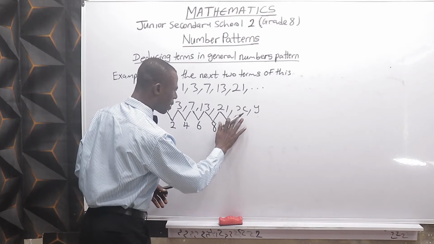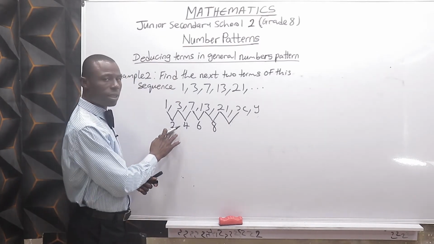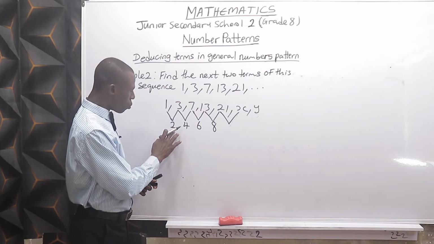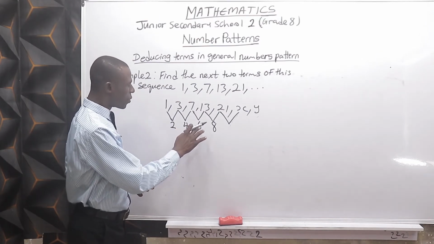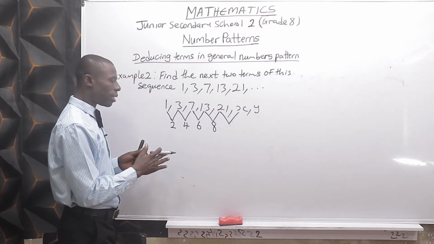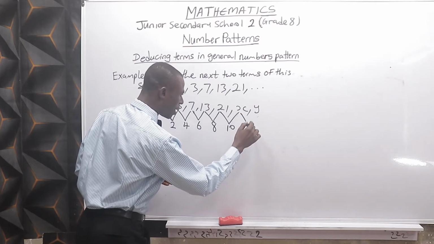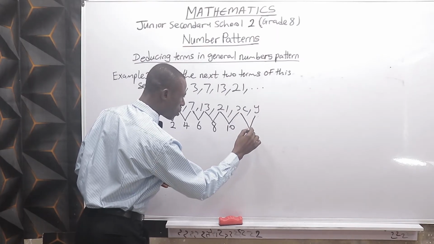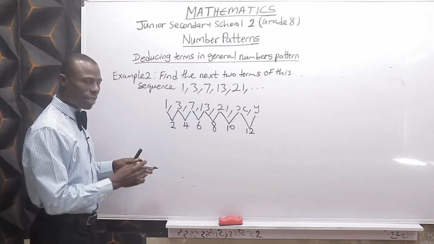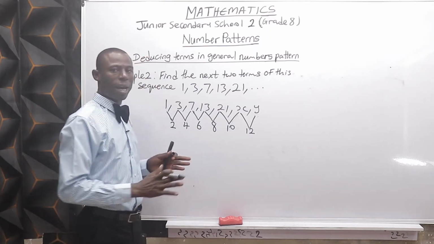Therefore, by inspection, watch the trend below here: 2, 4, 6, 8. If you watch the trend, the next number here should be 10, while the next here should be what? 12. That is the sequence of even numbers.